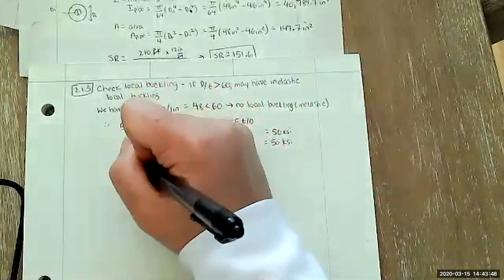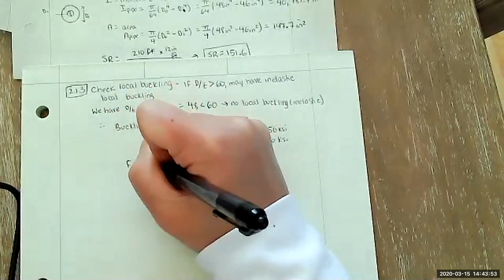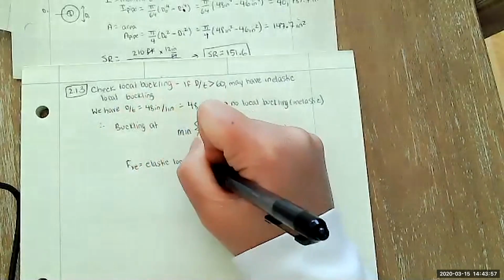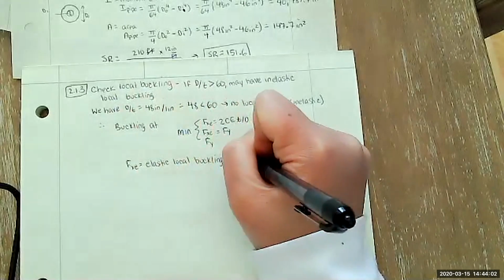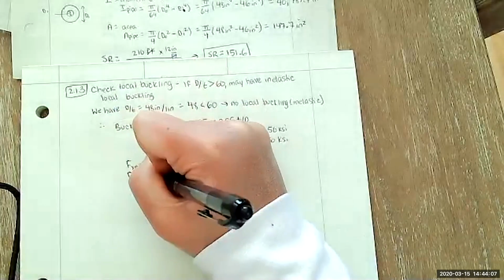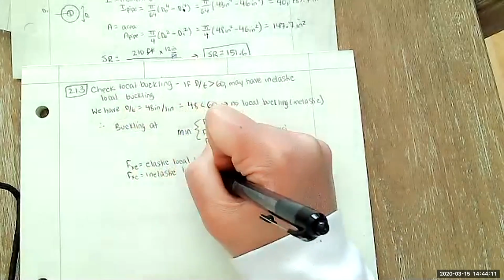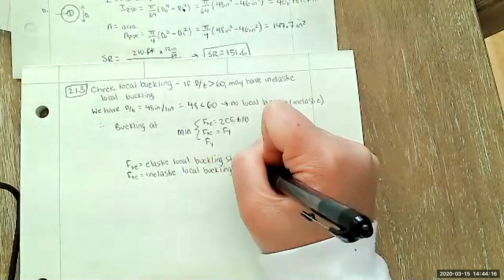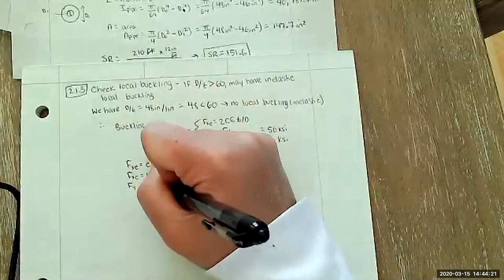Defining some terms, we've already mentioned this, but F sub XE is our elastic local buckling stress. F sub XC is our inelastic local buckling stress. And F sub Y is our yield strength.